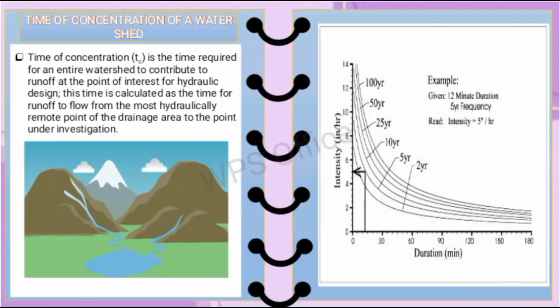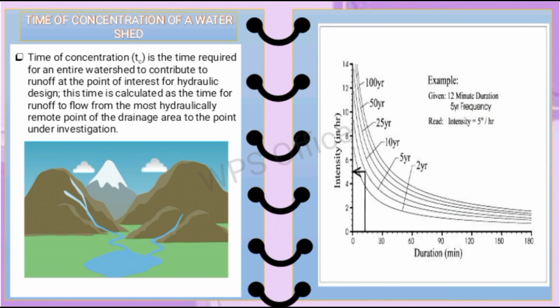Time of concentration is the time required for an entire watershed to contribute to runoff at the point of interest for hydraulic design. This time is calculated as the time for runoff to flow from the most hydrologically remote point of the drainage area to the point under investigation. Pag di mo nakuha yung average or uniform rainfall intensity, we use time of concentration.